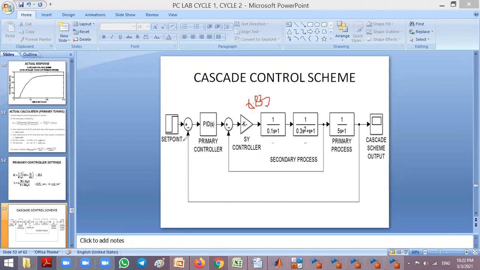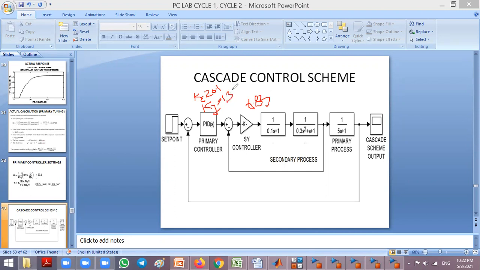In this primary controller you implement PI mode: KC as 20.1 and KI as 1.32. Okay, KI is 1.32.